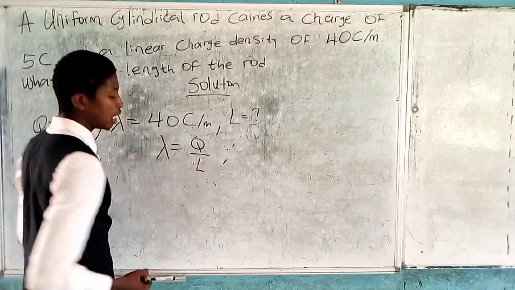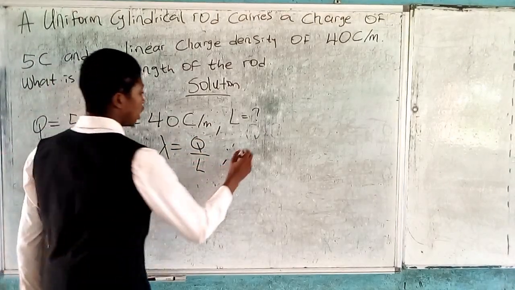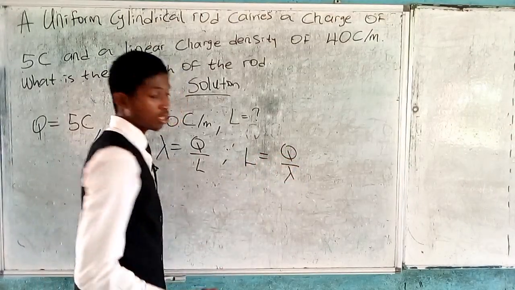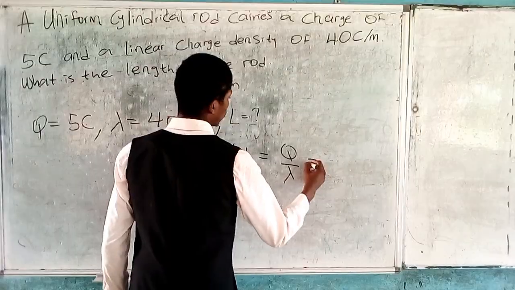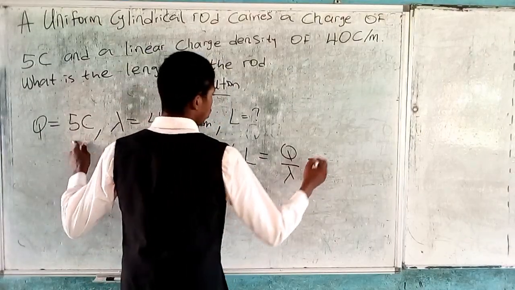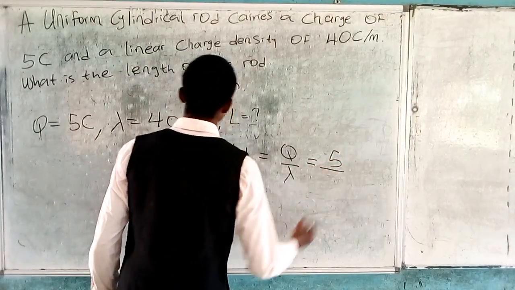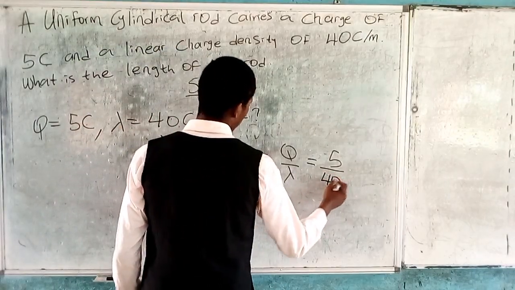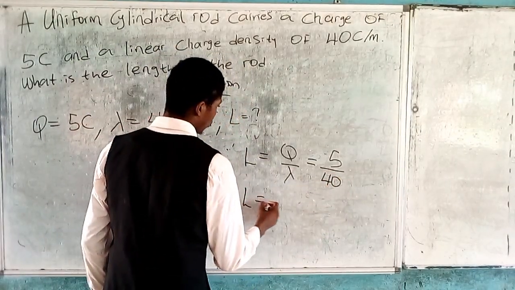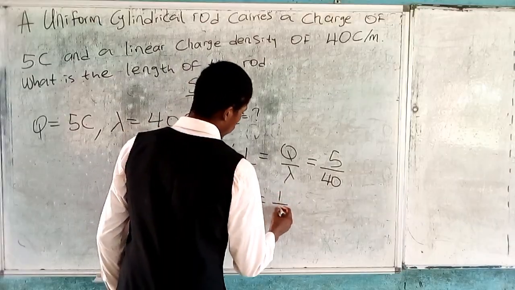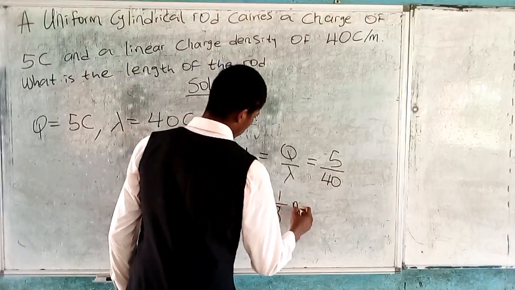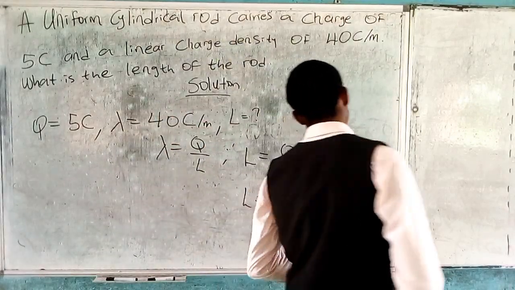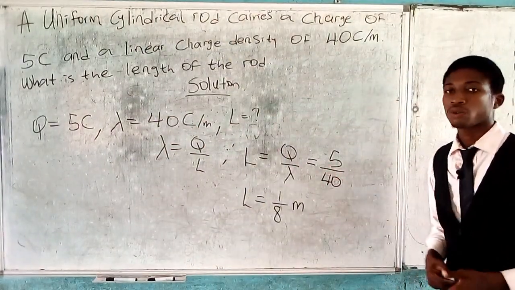So making length the subject of the formula, we get that length is equal to charge over linear charge density. Our charge is 5, and our linear charge density is 40, right? So that will give us 1/8 meter, or you can leave it as a decimal number. So this is how to solve this kind of question.